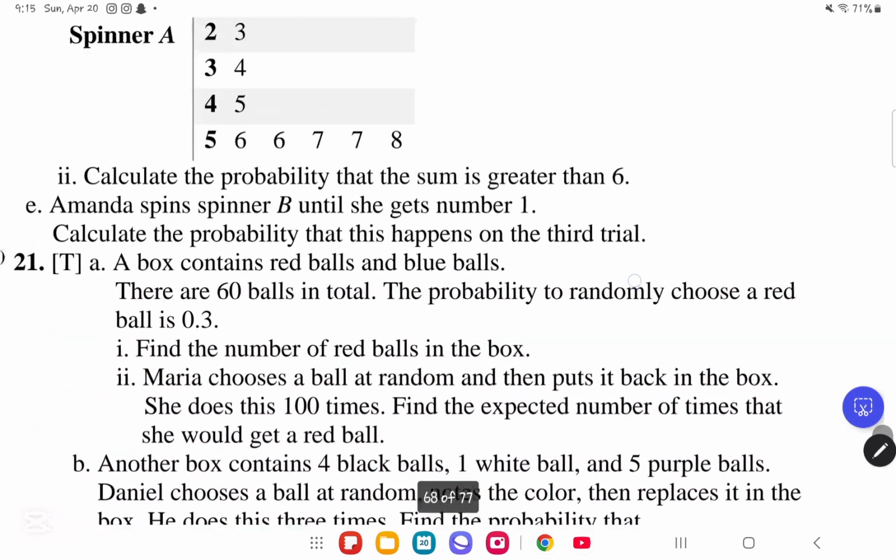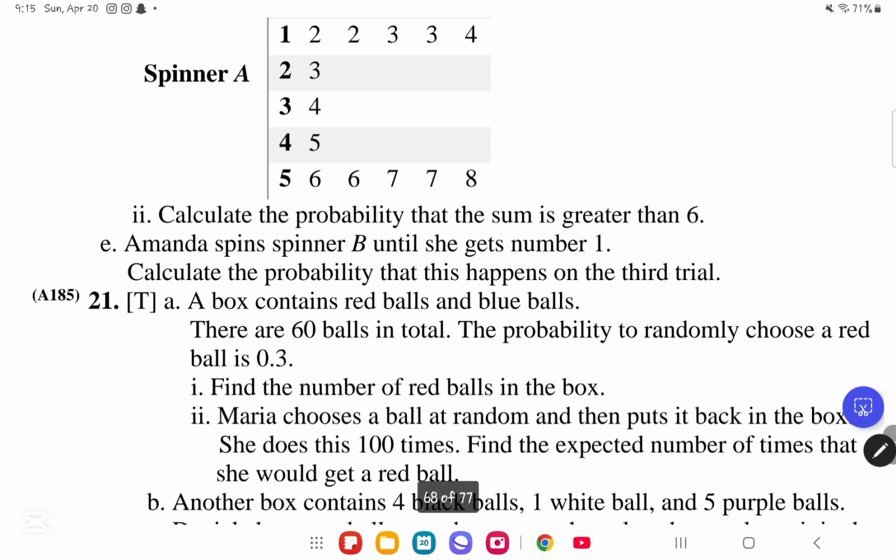So if, for example, I want to spin 3 times, and I want to get 1 on the third trial, what does it mean? This means I'm going to do it 1 time, 2 times, 3 times. In the first one, I'm not going to get 1. We said to get, the probability was 2 out of 5. To not get, the probability was 3 out of 5.